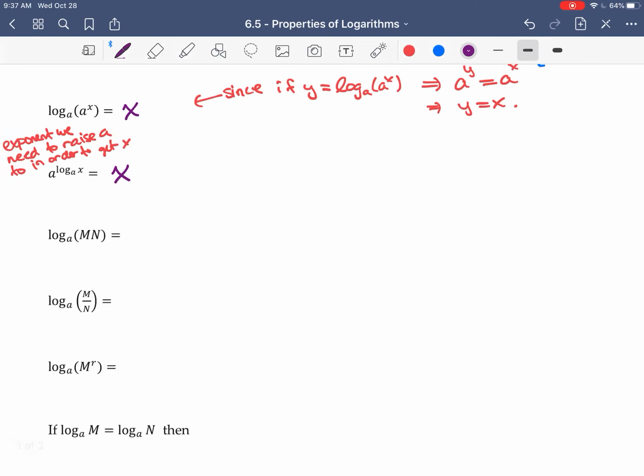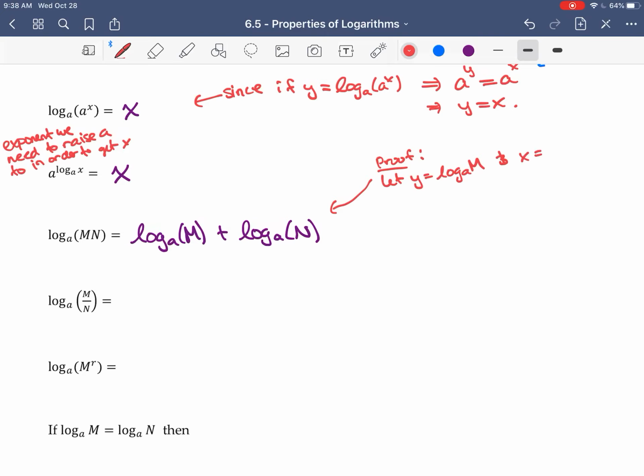Now if I have log base a of m times n, this is actually going to be log base a of m plus log base a of n. Okay, now I'm just going to give you a little proof here so you have some idea. All of these rules are coming from the exponent rules. Okay, so if we let y be log base a of m and x be log base a of n, then by the rule at the top we know that a to the y is equal to m and a to the x is equal to n.